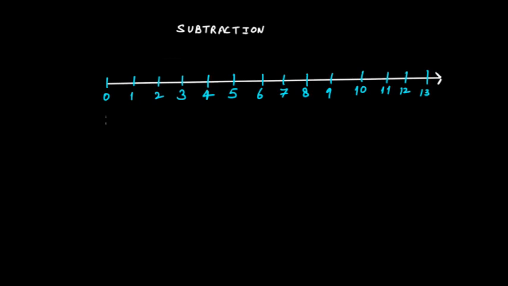Suppose the question is that you have to perform 4 minus 2. In that case, this is 4, right? So jump straight here, 4. Now in the case of addition, you were jumping towards the right, or forward.